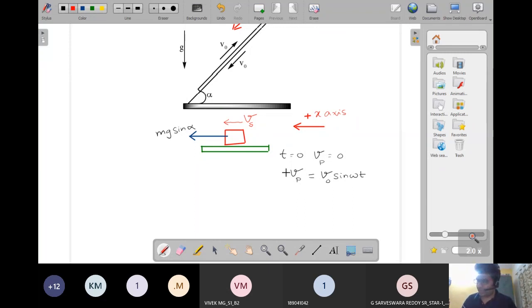Now, if I draw the graph of velocity of the plank versus time, it will look like this.